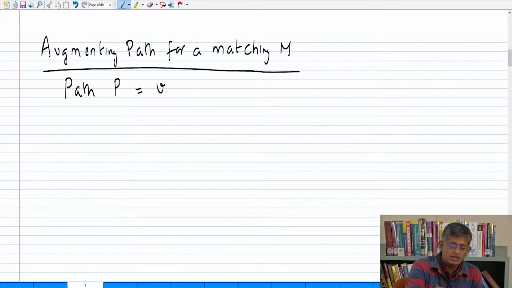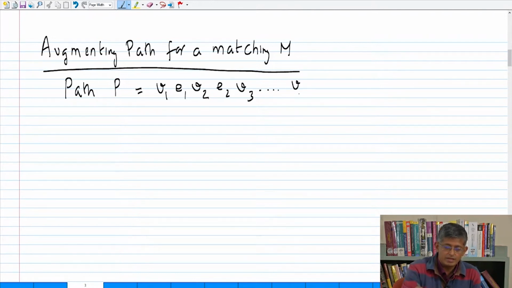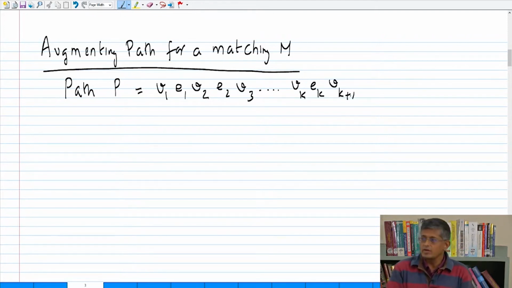Let us call this V1, E1, V2, E2, V3, and so on up to Vk, Ek and Vk plus 1. An augmenting path first of all is a path, as per the usual graph theoretic definition.